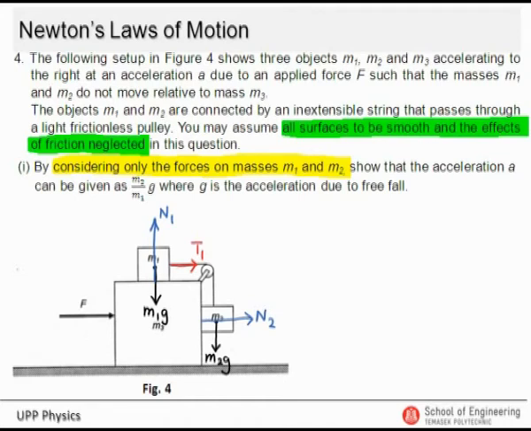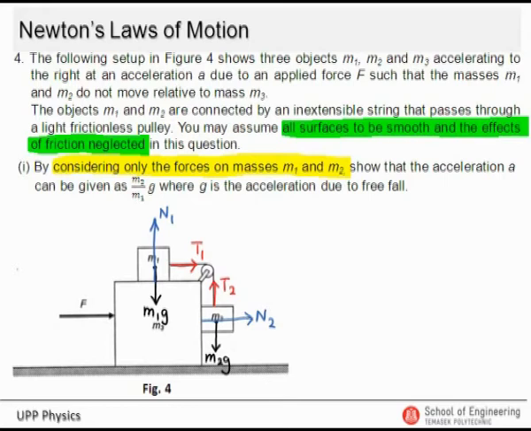But there's still one more force that we need to draw, and that's the tension. Now, this tension acts upwards on mass M2. So let's draw this tension, and we call it T2. Now again, M2 does not move with respect to mass M3. Why?